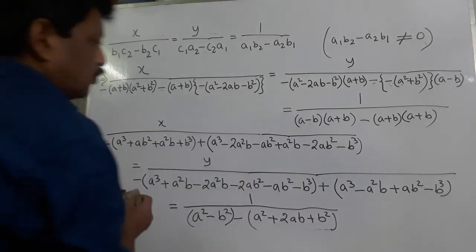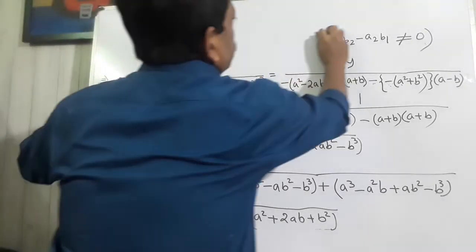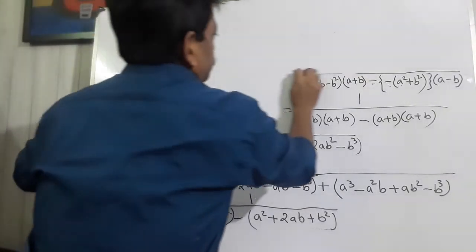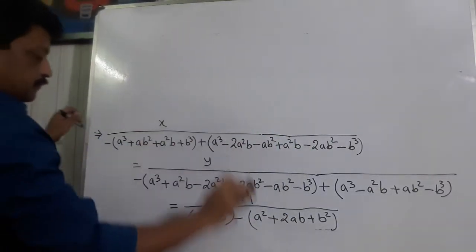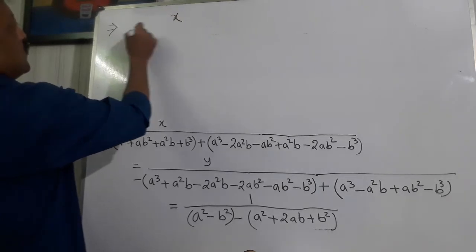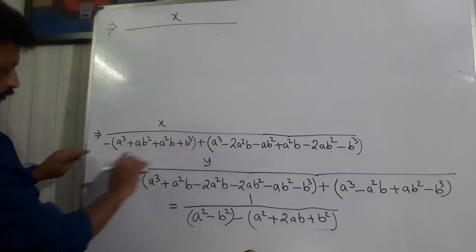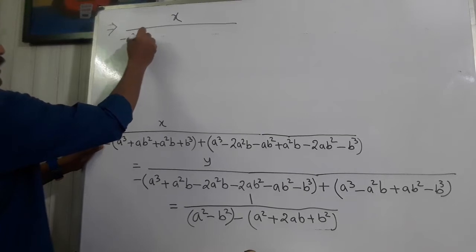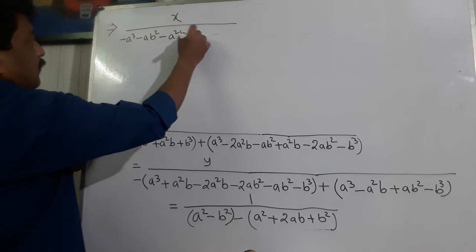Now let us open the bracket and simplify it more. X upon, let me open the whole thing, let me open the bracket. So minus is here, minus a cube minus ab square minus a square b minus b cube.